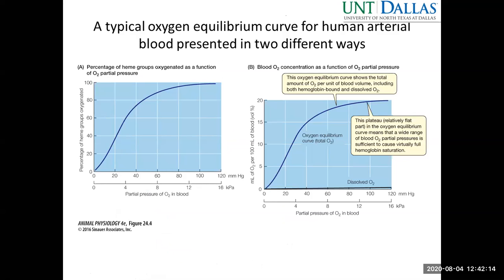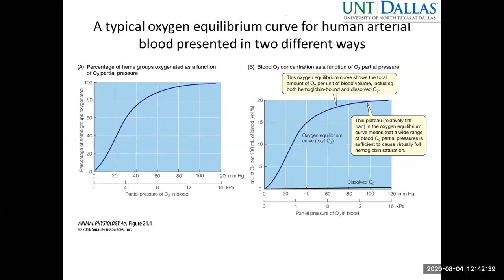Moving on to the next slide, we will talk about the typical oxygen equilibrium curve for human arterial blood presented in two different ways. A key tool for understanding the function of a respiratory pigment is the oxygen equilibrium curve. In a body fluid containing the respiratory pigment, there is a large population of oxygen binding sites.